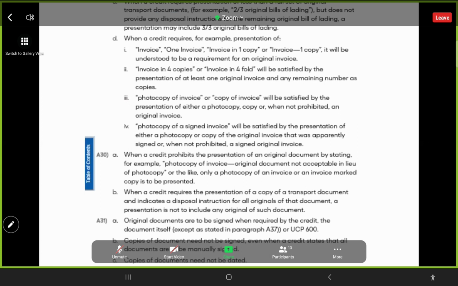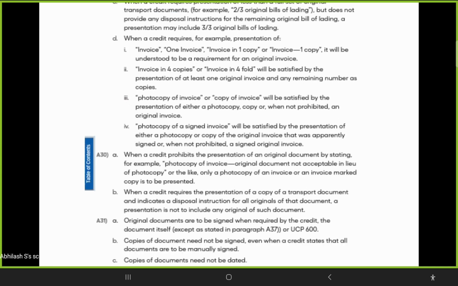When a credit prohibits the presentation of an original document by stating, for example, photocopy of invoice, original document not acceptable in lieu of a photocopy or the like, only a photocopy of an invoice or an invoice marked copy is to be presented. So this is what I was referring to. If there is a restriction in the DC, if DC is calling for a photocopy of invoice, and then they are also saying that original is not acceptable in lieu of photocopy, in that case, only photocopy to be presented. Why so?